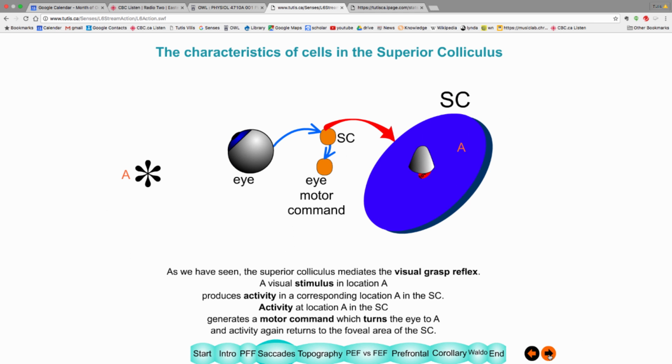Now, one of the things is that when you see something in your periphery, a hill of activity appears in your periphery, and then you make a saccade, and a hill of activity then appears in your fovea, because you're looking at that object.